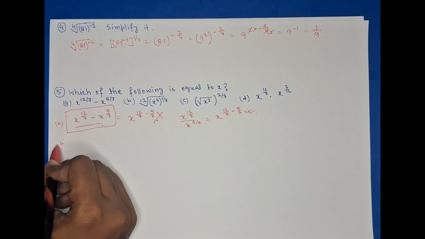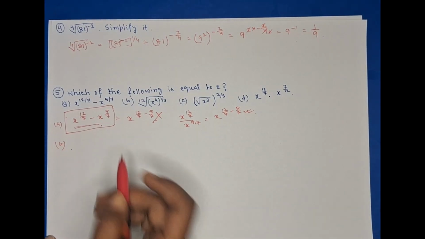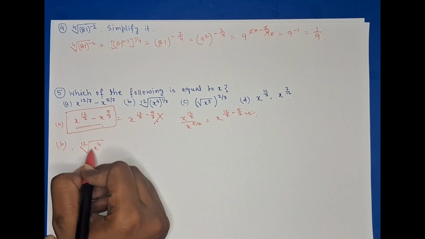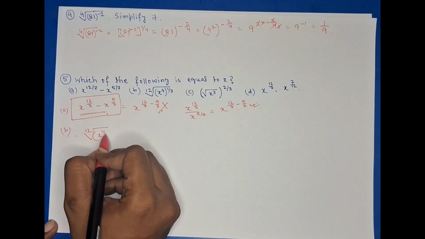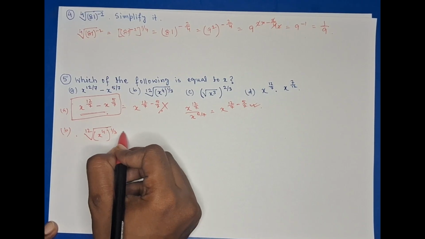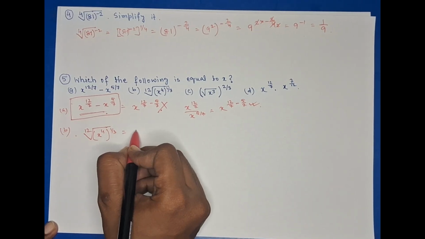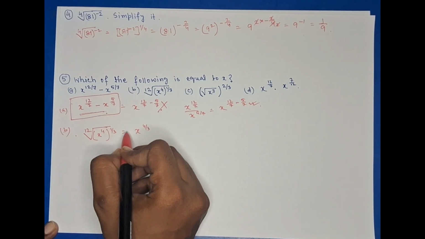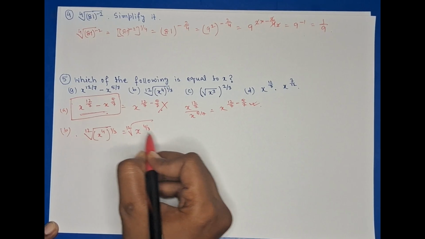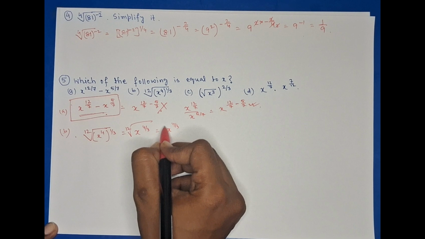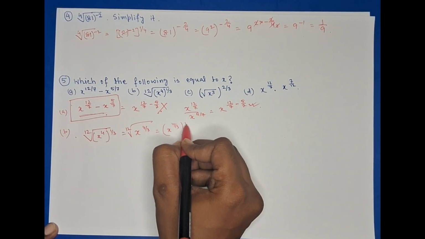And now the option B, 12th root of x to the power 4 whole to the power 1 by 3. Let us see what we can do with it. X to the power 4 by 3, we can write it. This is 12th root of, okay. So now what we are writing, x to the power 4 by 3 whole to the power, 12th root of means 1 by 12.